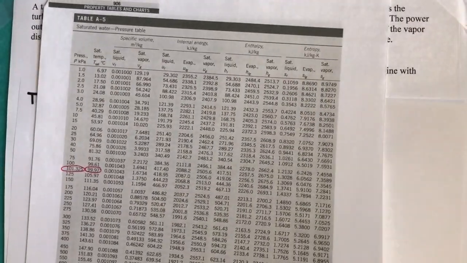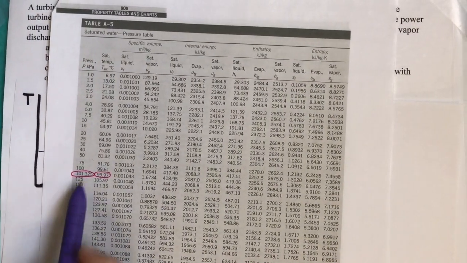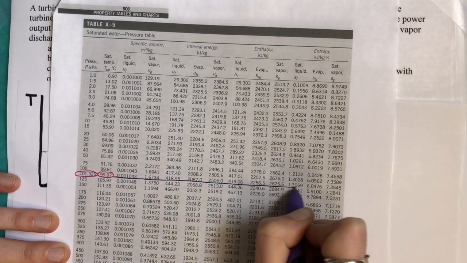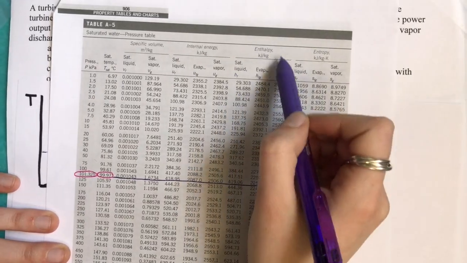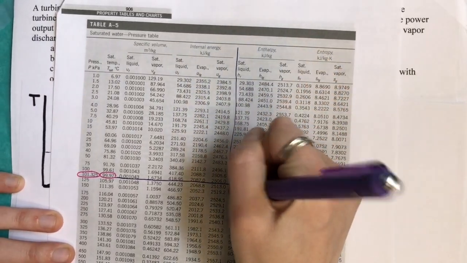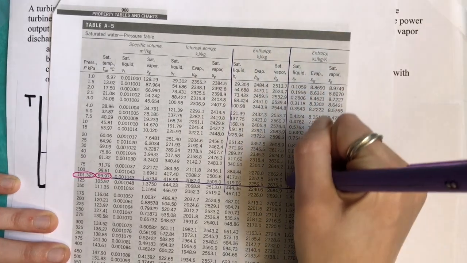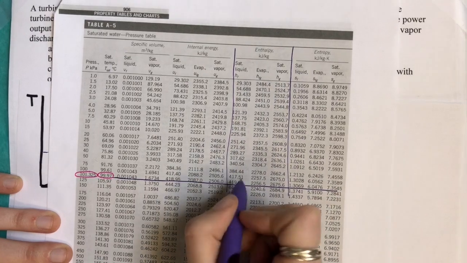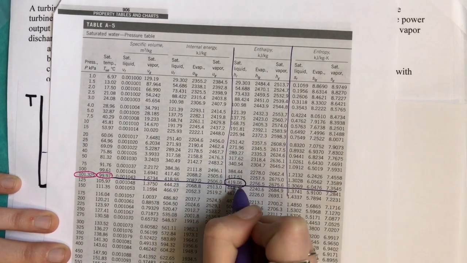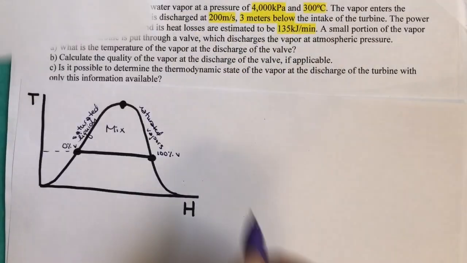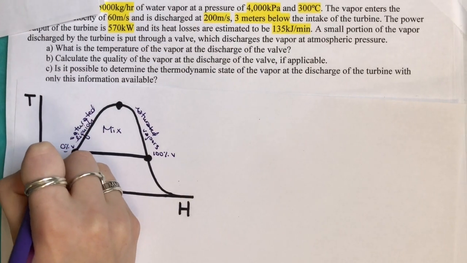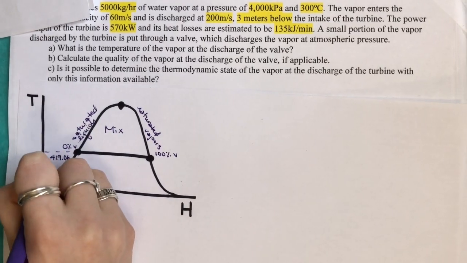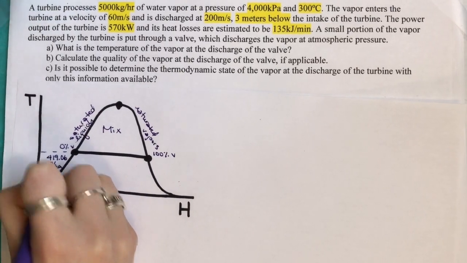This is the same table that we just used for our last question. We're going to look at the same line and travel all the way across, to this enthalpy section here. We see that the saturated liquid, HF, at this point is 419.06, which I'll label, in kilojoules per kilogram.